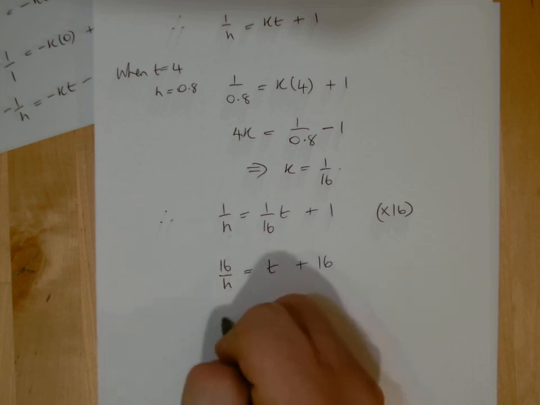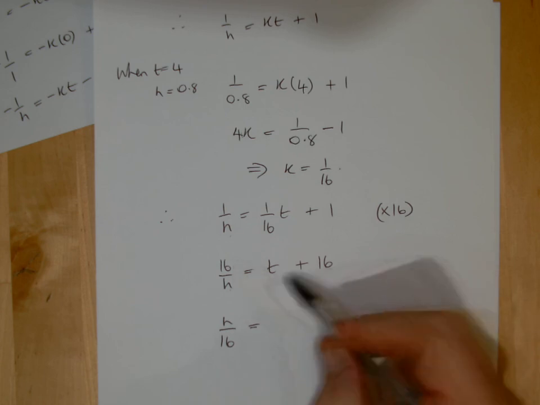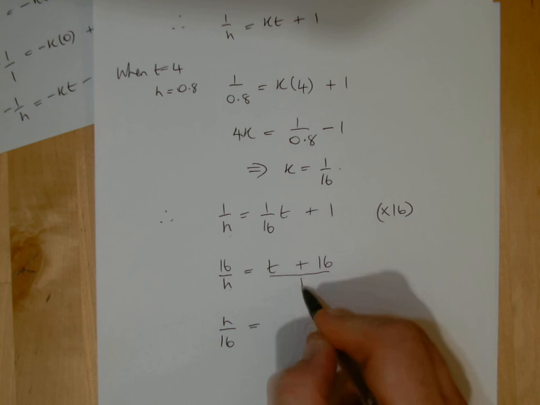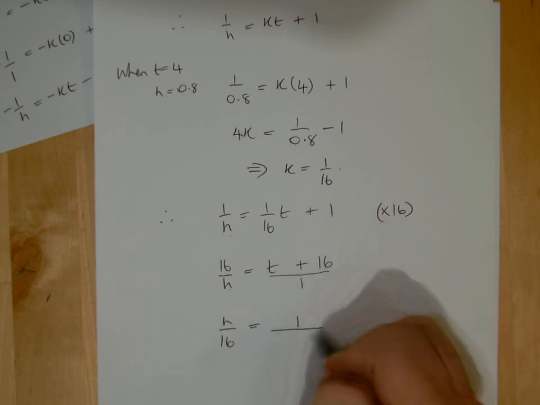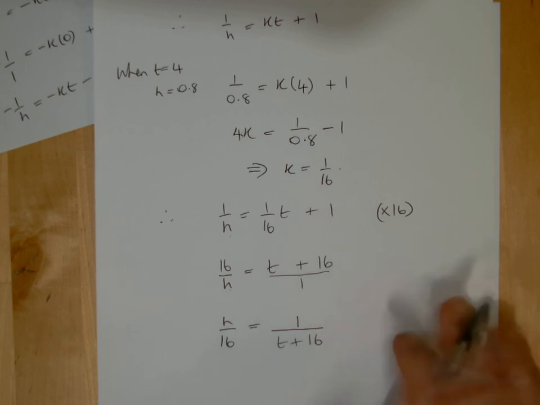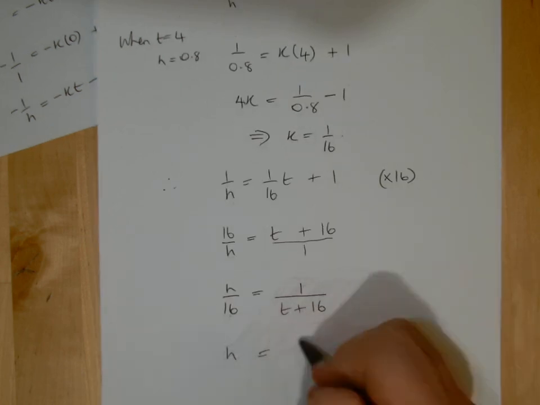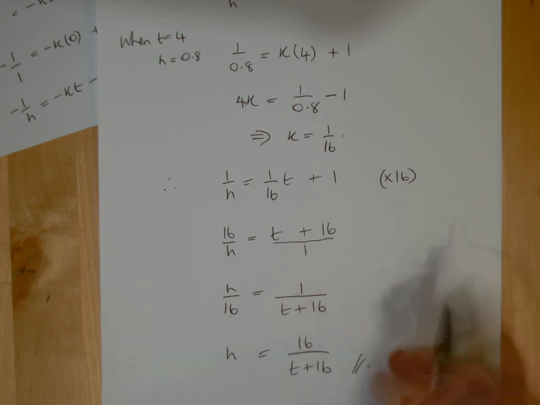So if I flip this, I get h over 16. But I have to flip this side as well. So if we see this as t plus 16 over 1, because that's what that is, I can write it like this by flipping that. And then all I've got to do is take that 16 up. And I've got this here, and I've solved my differential equation.